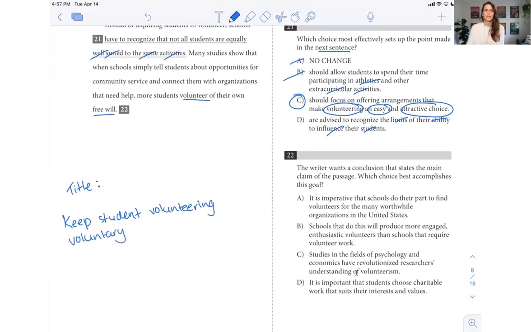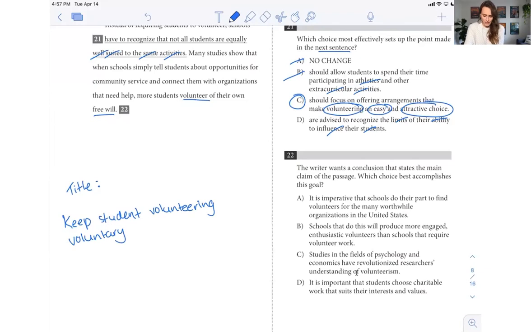So we want something that ties into that. So answer choice A, it is imperative that schools do their part to find volunteers for many worthwhile organizations in the United States. We want something that ties back to the schools, right?